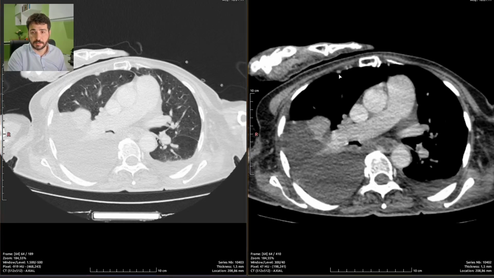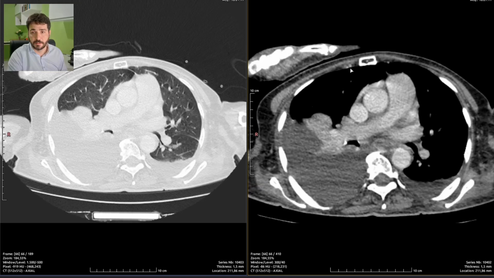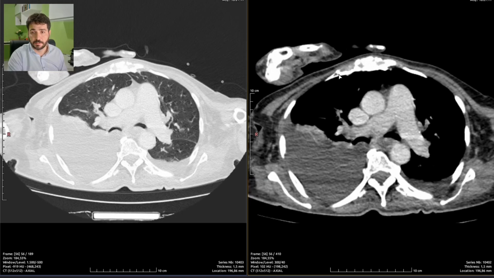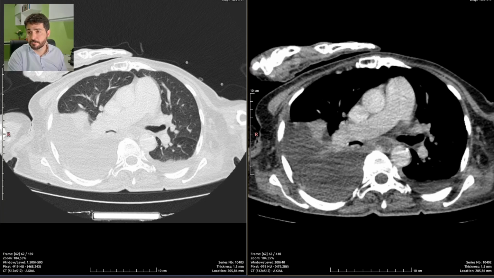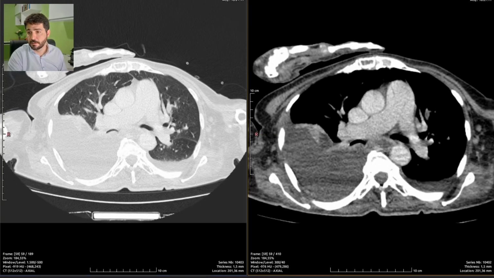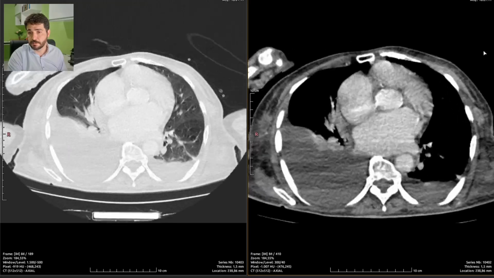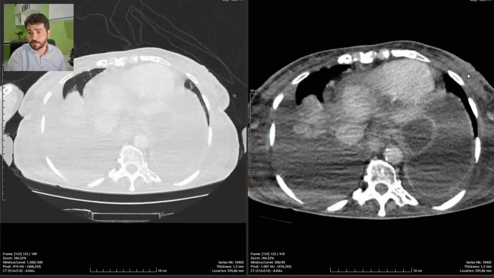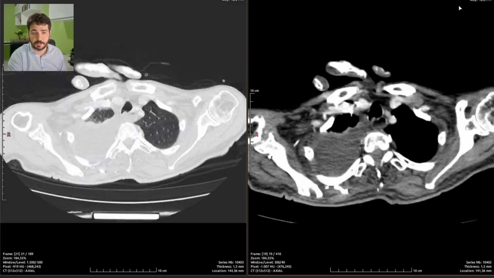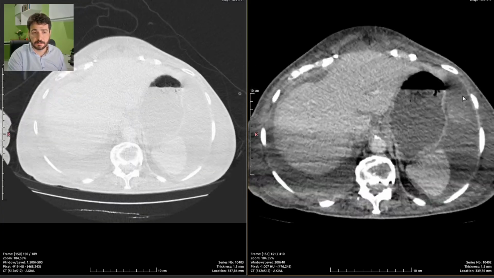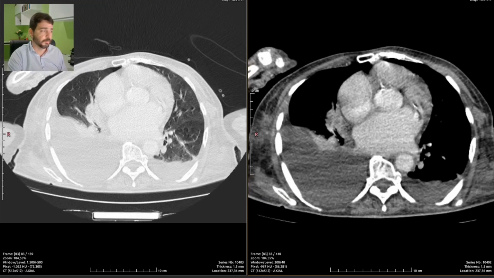I think this is just an intercostal lymph node. This is normal, so as much as these ones are also normal, so I'm not going to report it as a pulmonary nodule because it isn't. And this is it. Let's just report it.